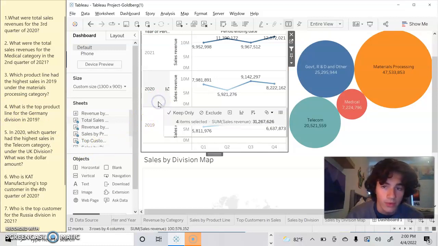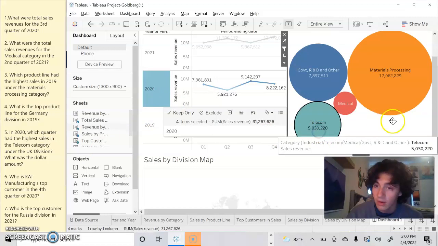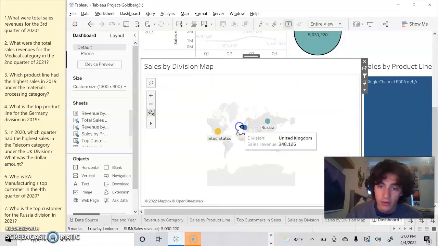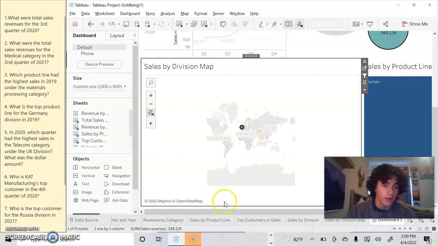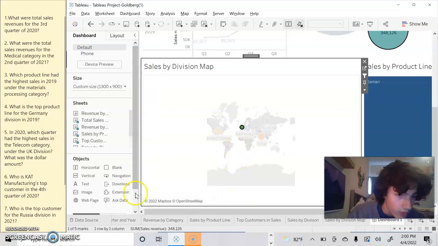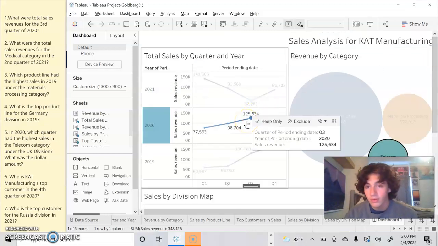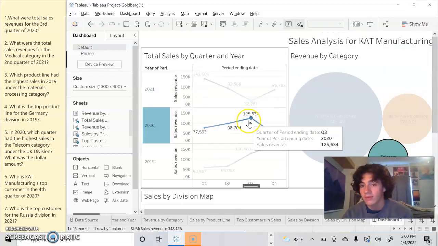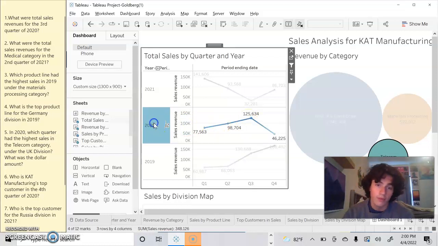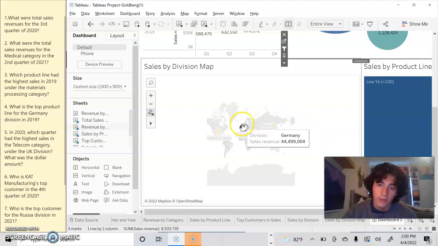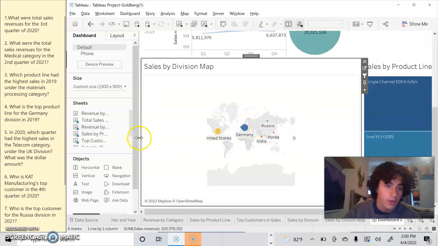So we go to 2020, we go to telecom, and we go all the way down to the United Kingdom. And then it's saying which quarter had the highest sales. So we go back up here. Quarter 3 clearly had the highest sales, and that is 125,634. So deselect 2020, deselect telecom, and then we deselect United Kingdom.